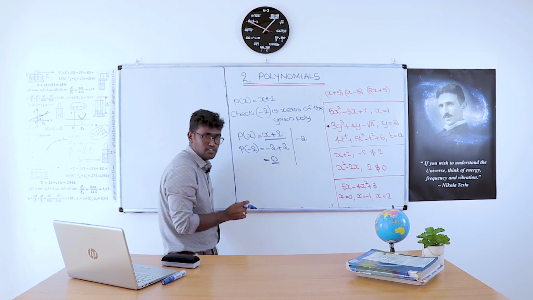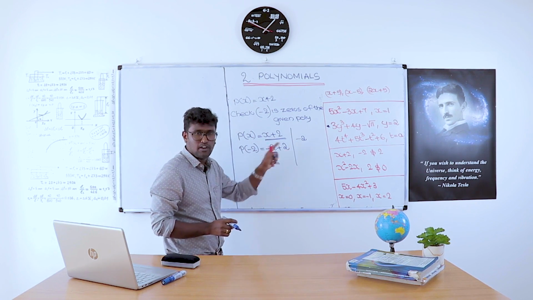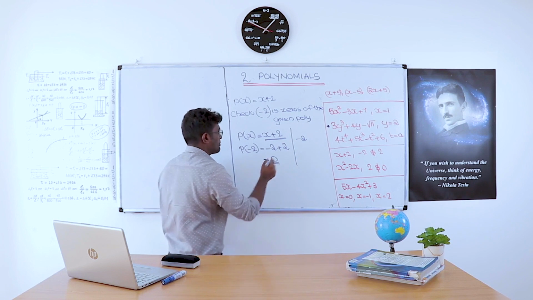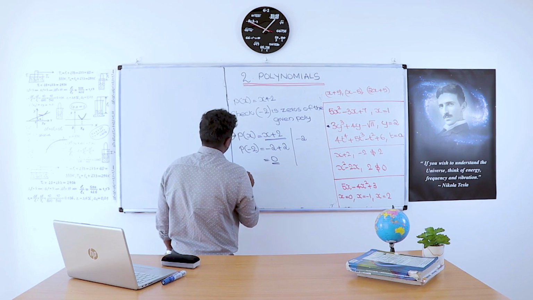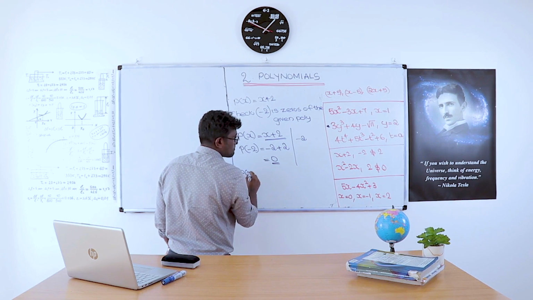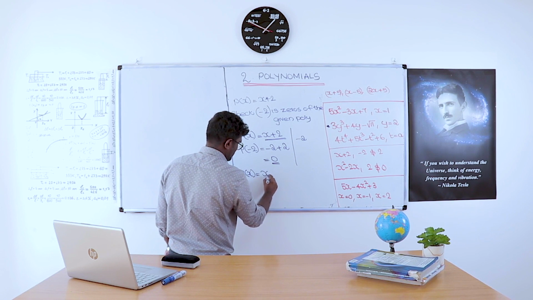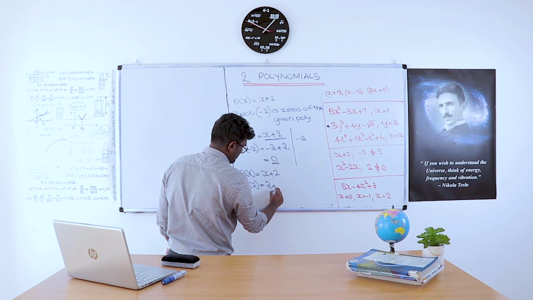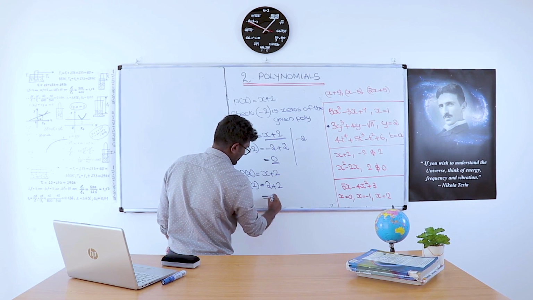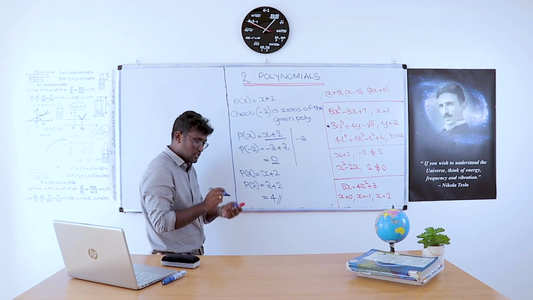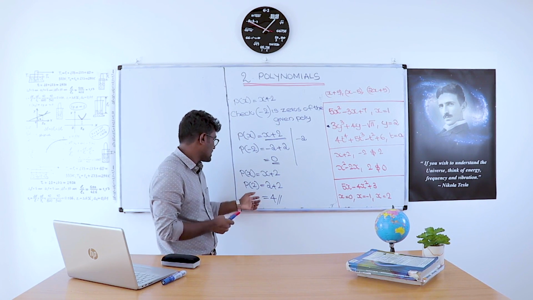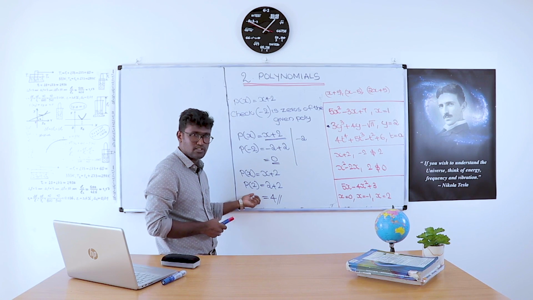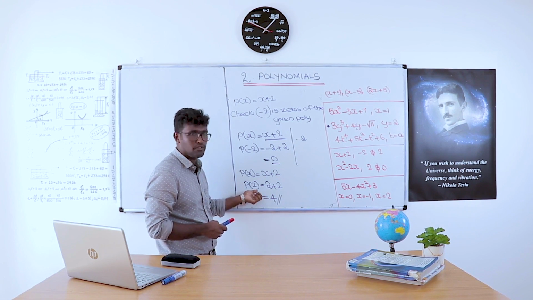When we give minus 2, the value of the polynomial tends to 0. What about plus 2? We have to check that P of x equals x plus 2. Then P of 2 equals, in place of x there will be 2, 2 plus 2, that is equal to 4. That means it is not a zero of the polynomial.